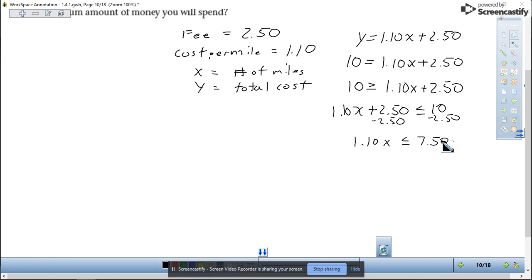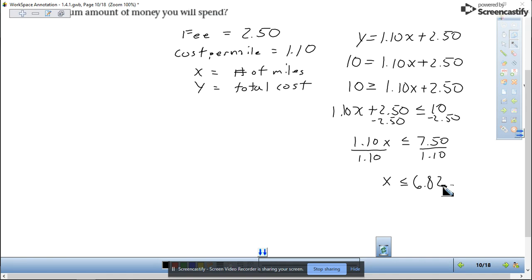When you divide by 1.10, you get x is less than or equal to 6.82. If they're paying by the mile, they're going to charge you for a full mile even if you don't travel a full mile, because that's the way they do it.